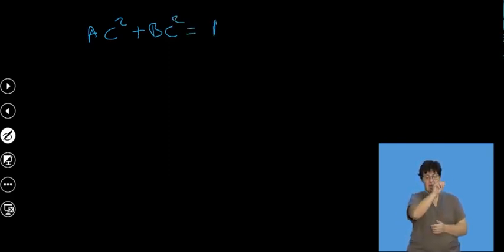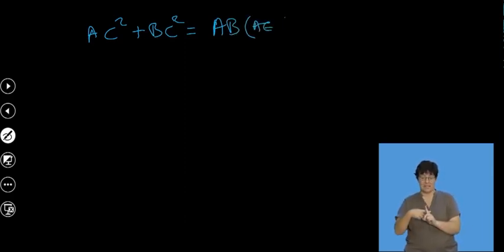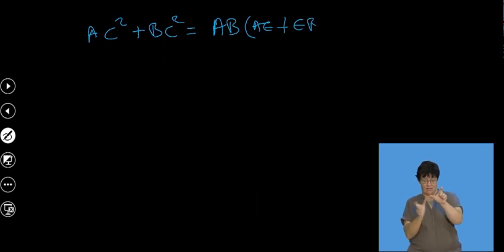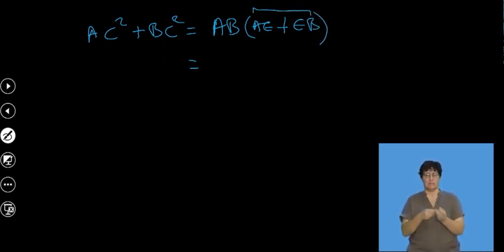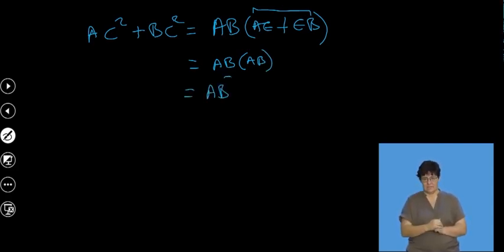So now I land with AC squared plus BC squared is equal to AB into AE plus EB. And I said to you, what is inside the bracket, if I add it, it gives me AB. So this becomes AB multiplied by AB, and it will therefore give me AB squared.